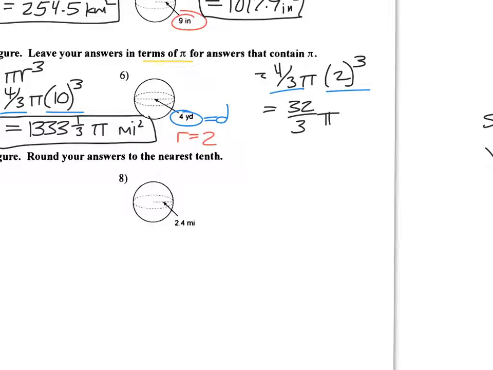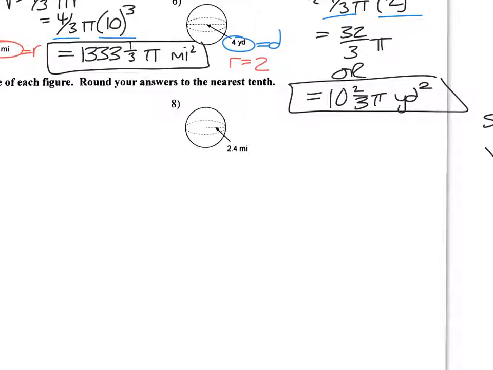Or if you want to do it like a mixed number, like we did in the previous problem, make sure you set your calculator on mixed number, and it gives you 10 2/3 pi. So this will be something you're just going to have to read directions and see. For me, here it doesn't matter. You can do an improper fraction or a mixed number. Either one's fine. And then our units here were yards squared.